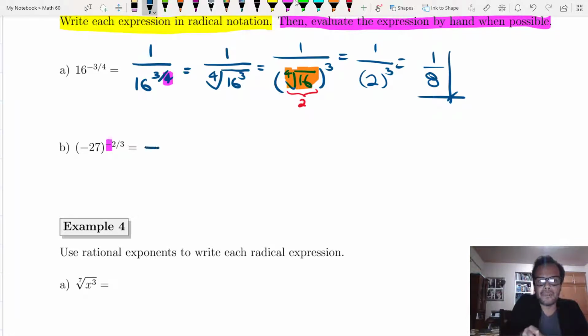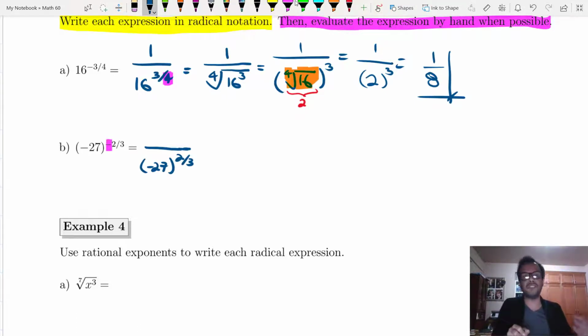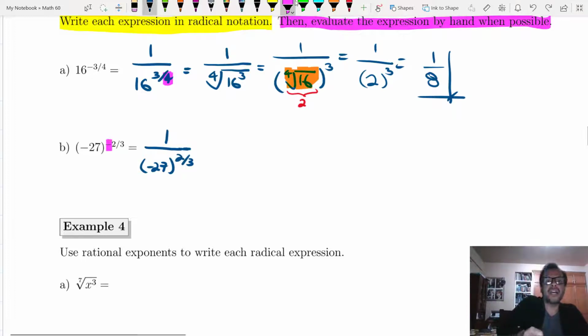All right, so this will be negative 27 raised to the positive 2/3 power. The negative 2/3 turns into positive 2/3, the whole thing under 1. From here, the next step is to focus only on the denominator and work it as a problem from the previous topic, which is changing that into radical form.